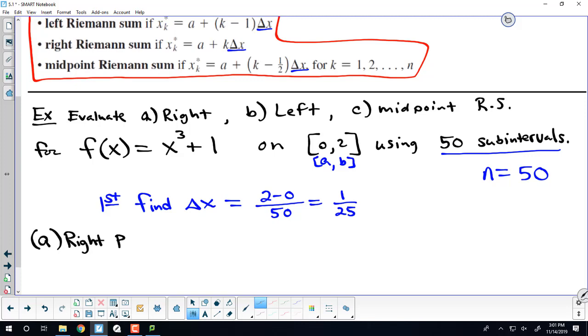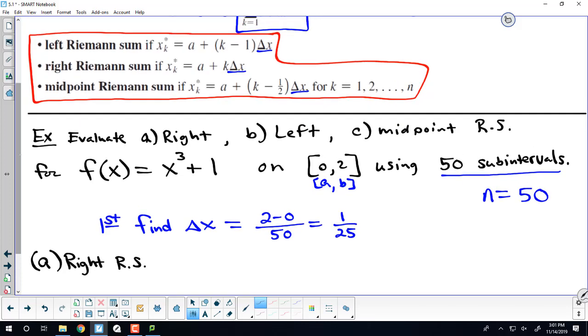So our right Riemann sum. Remember these, what we have here in red, those x stars, that's the expression that has to get plugged into your function.